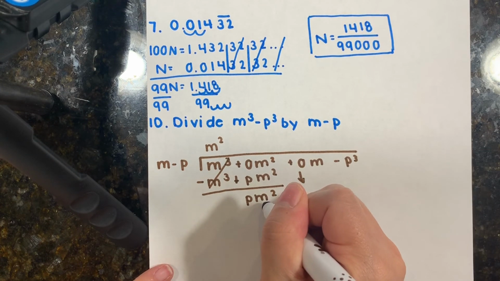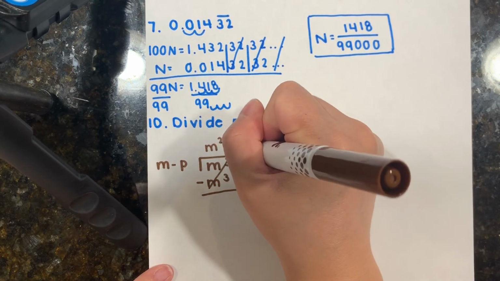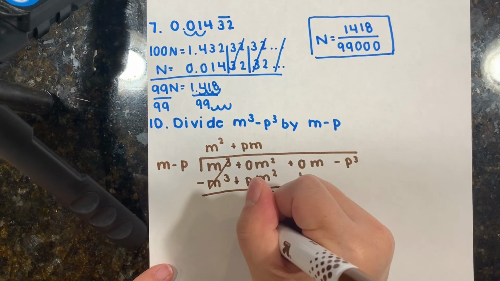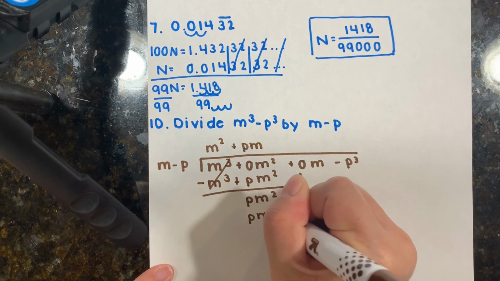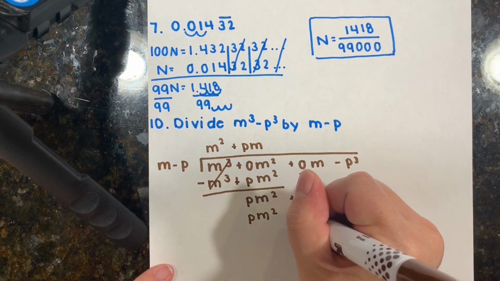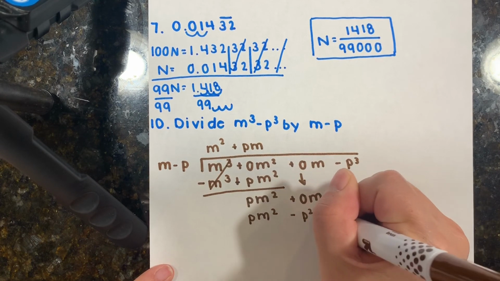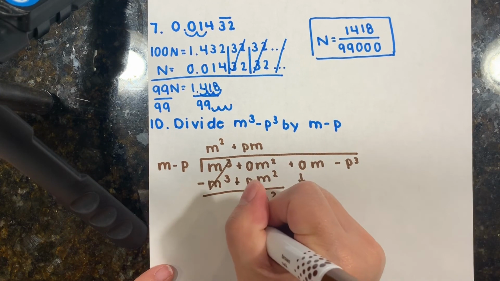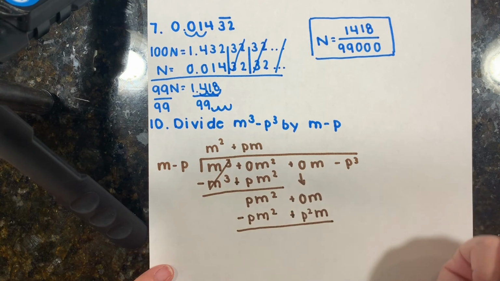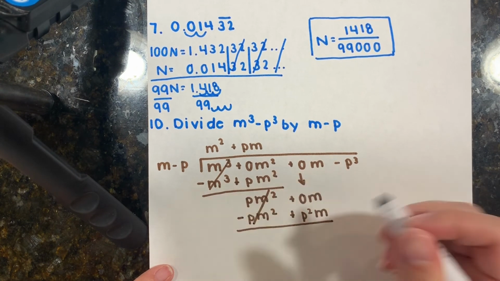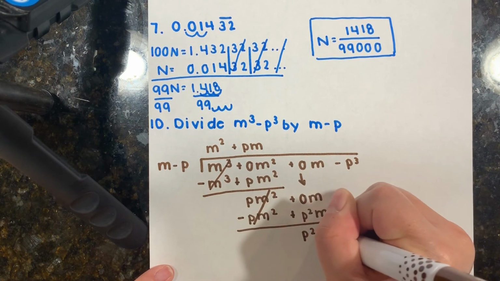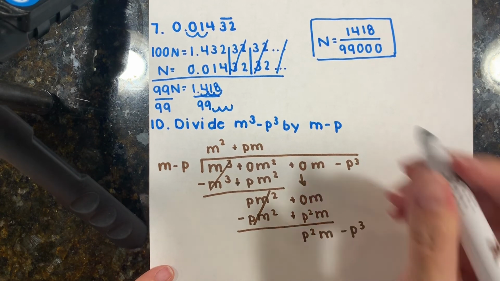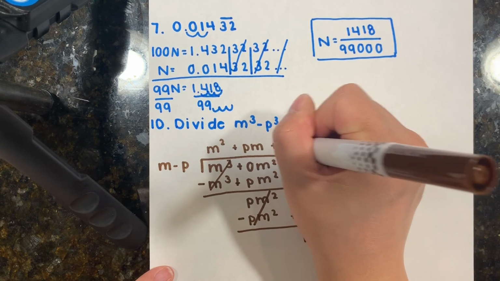When I divide this by m again, I get plus pm. I need to multiply, so pm times m would be pm squared. Pm times negative p would be negative p squared m. But again, you're subtracting, so the signs change from positive to negative and negative to positive. The pm squareds cancel. I'm left with p squared m. Now, if I divide this by m, I would get just p squared.